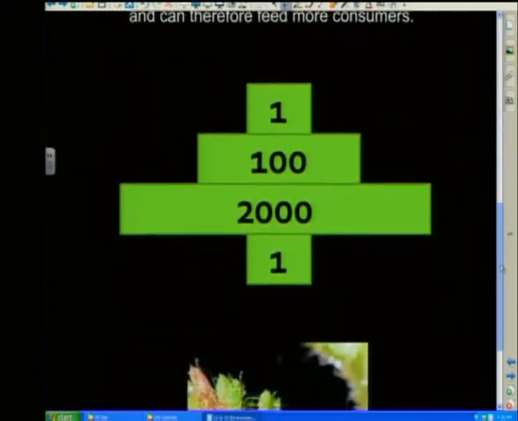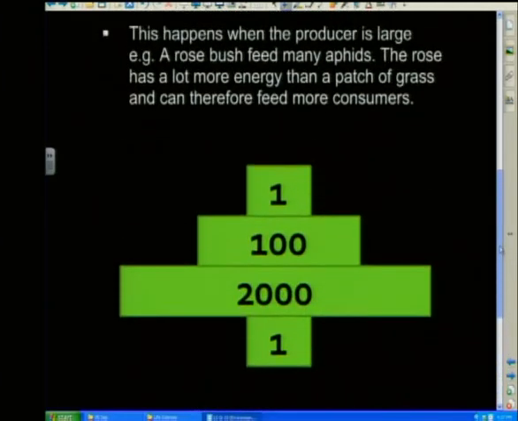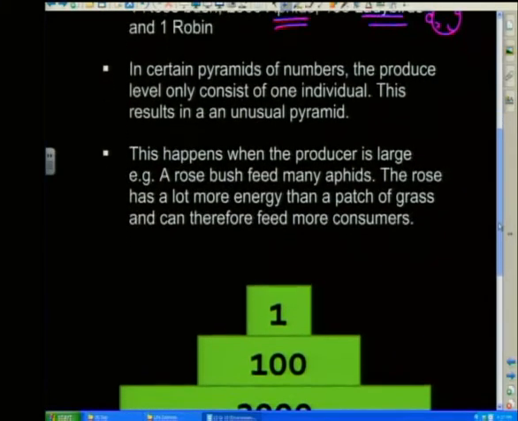Aphids are microscopic, so you need a magnifying glass to have a look at them. They're extremely small, and these aphids are a delicacy for the ladybirds. So you find that ladybirds feed off these, and if you remember how small these ladybirds look, they're cute little red ones with little spots. They feed off these aphids, which are extremely small, and aphids in turn are a sought after food by the robins, and these are larger birds.